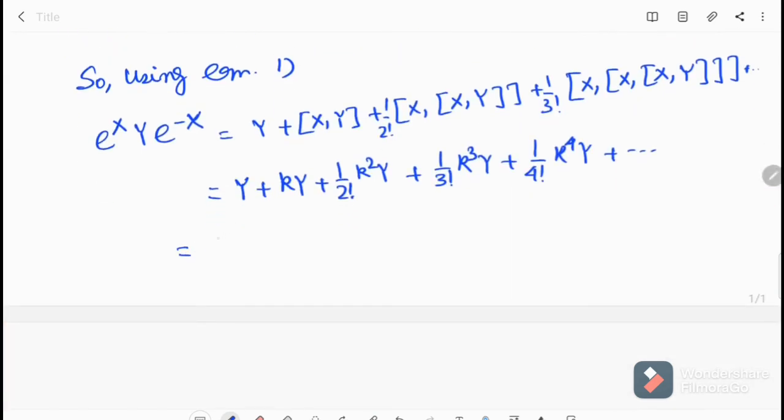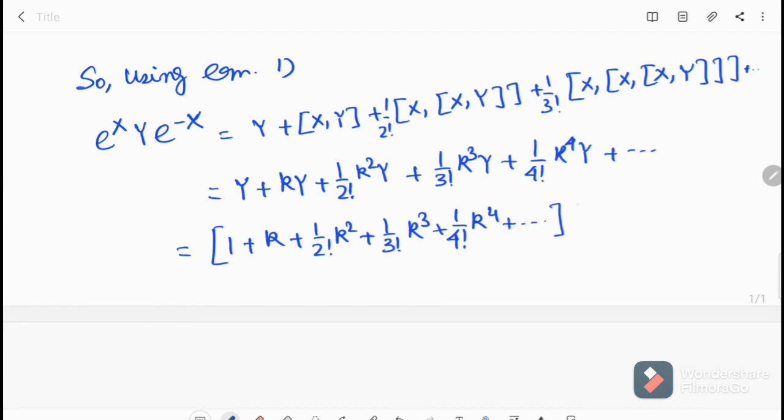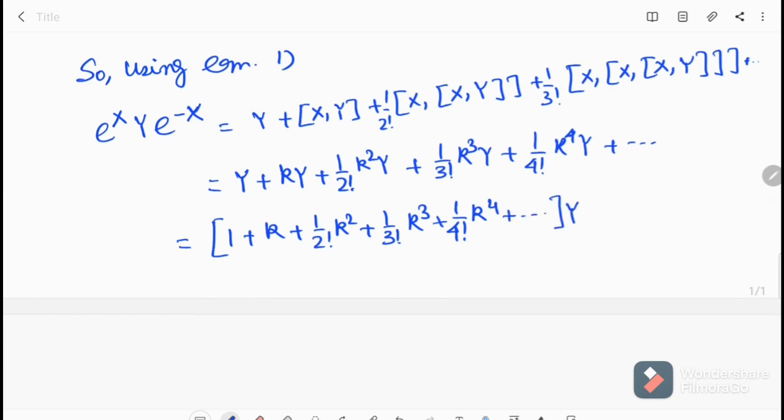So we can further write 1 plus k plus 1 by 2 factorial k square plus 1 by 3 factorial k cube plus 1 by 4 factorial k to the power 4 plus the rest of the terms, times y.